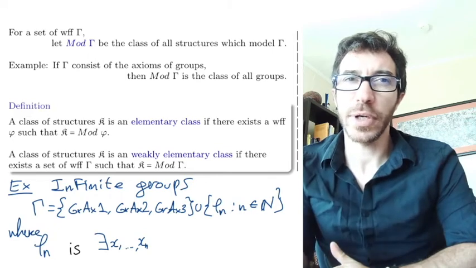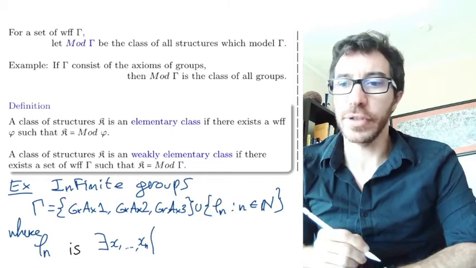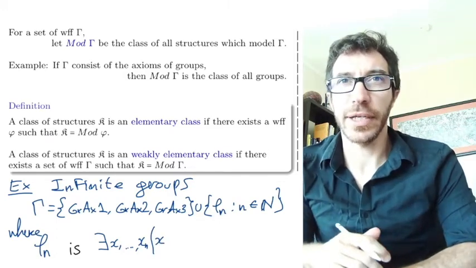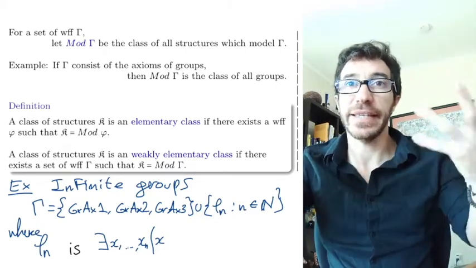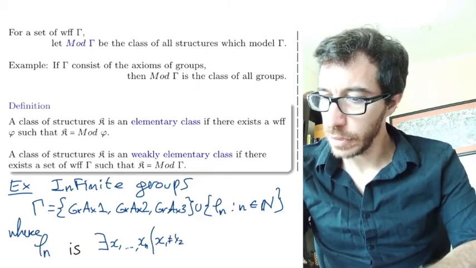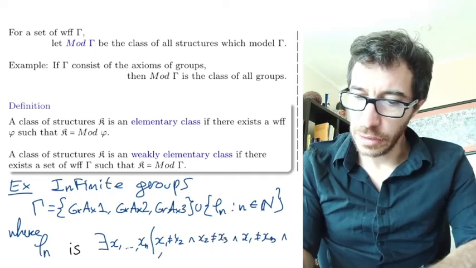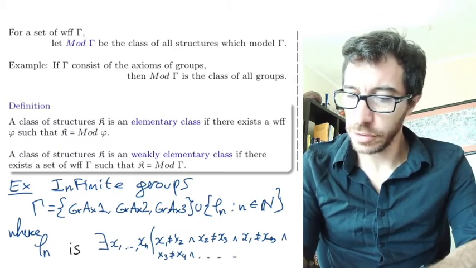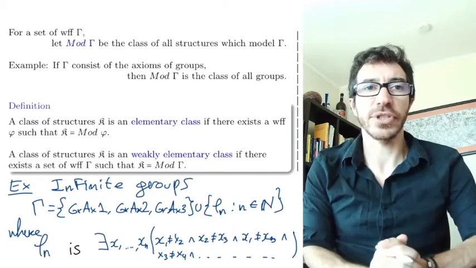So it's going to say there exist x1, x2, up to xn, such that they're all different. So we have to put all the combinations of x1, x2, x3, up to xn, and say that they are all different. x1 different than x2, x2 different than x3, x3 different than x4, and all the possible combinations of these variables so that they are all different.